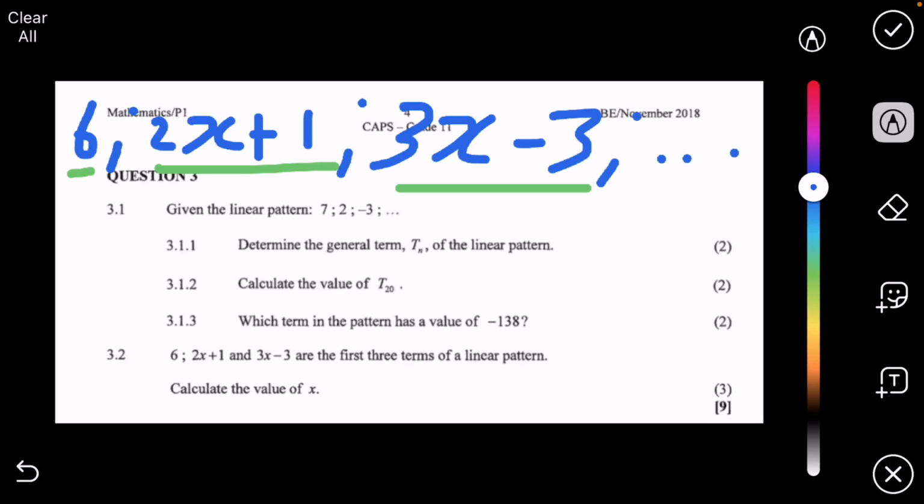Remember, guys, what is it that you know about a linear pattern or quadratic pattern? You know, ladies and gentlemen, this minus that is equals to this minus that. Remember, guys, I've done a lesson. You can just go on my website, www.solvingexampapers.co.za.